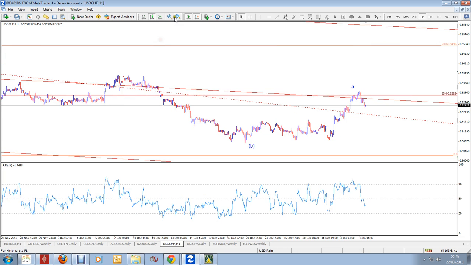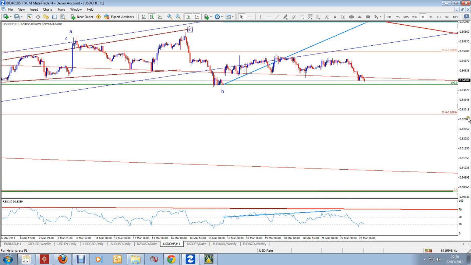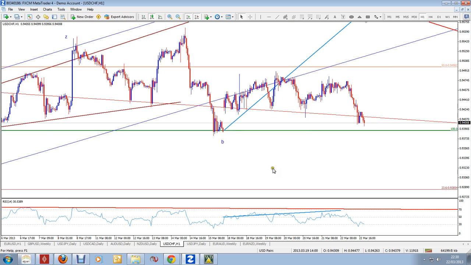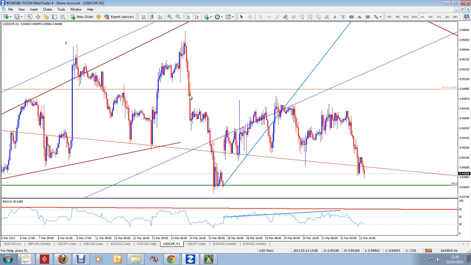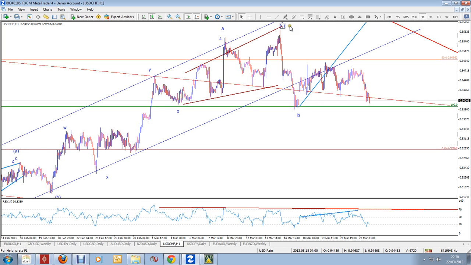If we look at the way it has come down, to see if that shows us that possibly it's a new leg to the downside or not, so far it looks like it's A, B, and C, really speaking. A, B, and C. Doesn't look like it's a 5 wave.